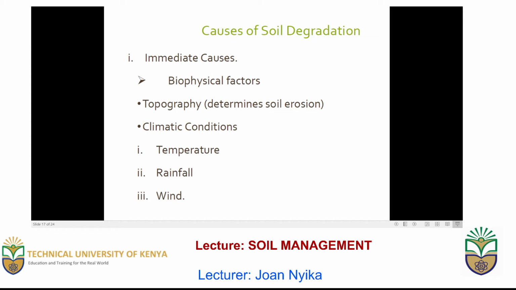The immediate causes, or the biophysical factors, include topography, which determines how fast the rate or the vulnerability of soils to soil erosion is. There is also what we call climatic conditions. For instance, temperature. As we have seen, soils becoming saline is a result of soil temperature, particularly in arid areas.